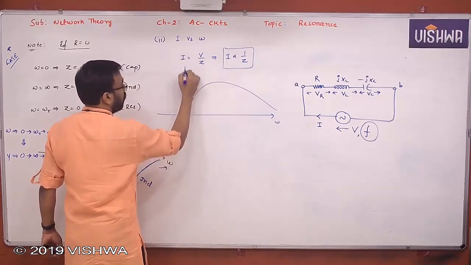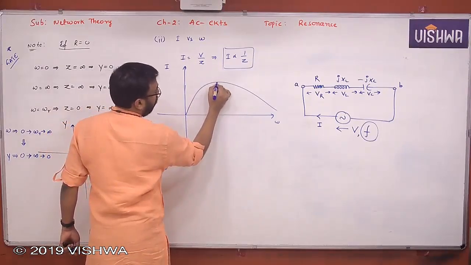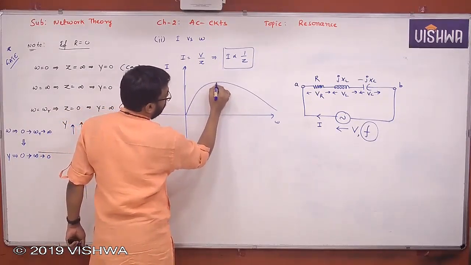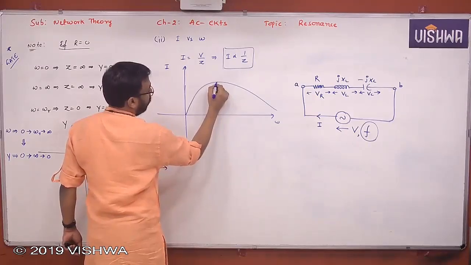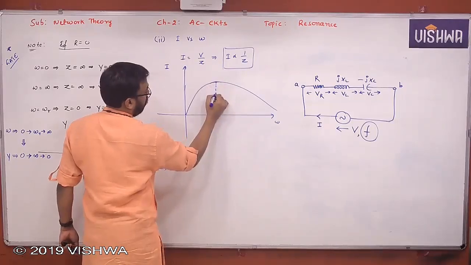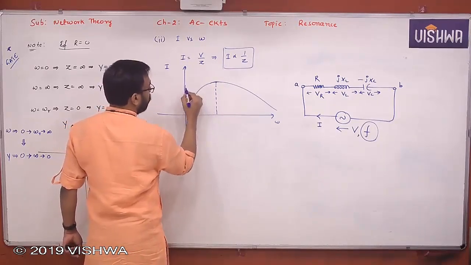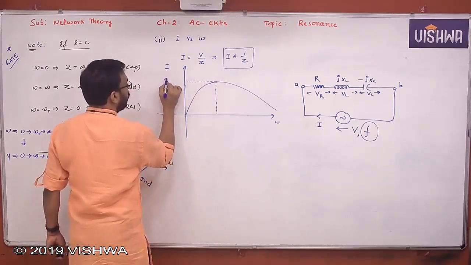Okay, this is I, and this is the point where it has reached maximum value. This is called I max.